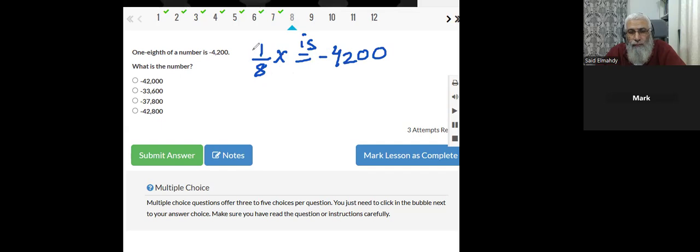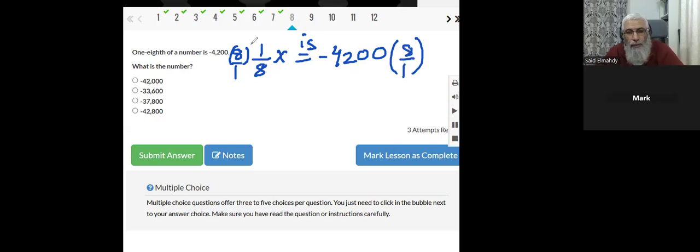1/8 of a number is negative 4,200. Multiply by the reciprocal like we did in the last problem. Multiply by 8 over 1.